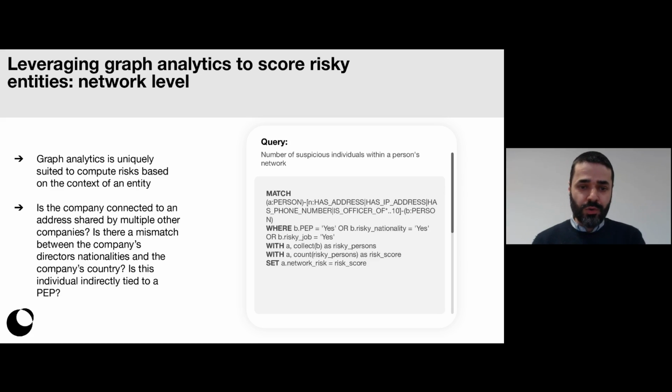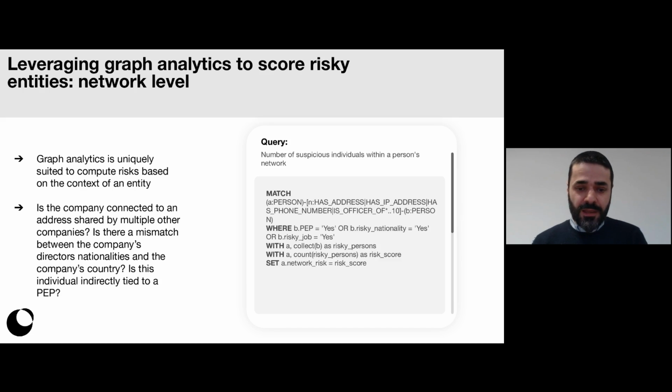We are trying to look at these other individuals and identify among them the ones that are politically exposed persons, the ones that have a risky nationality or a risky occupation. Then all of this is turned into a score.